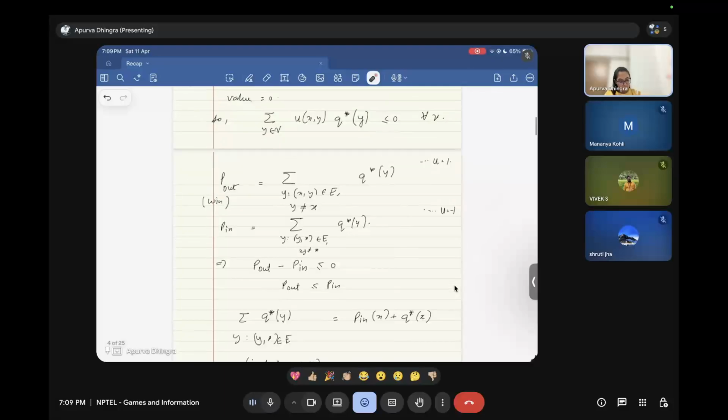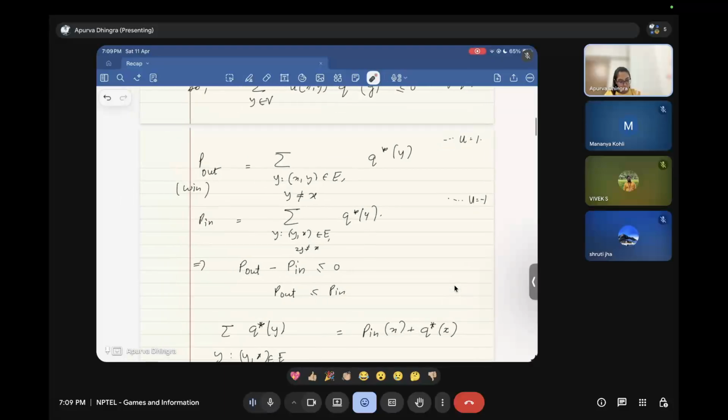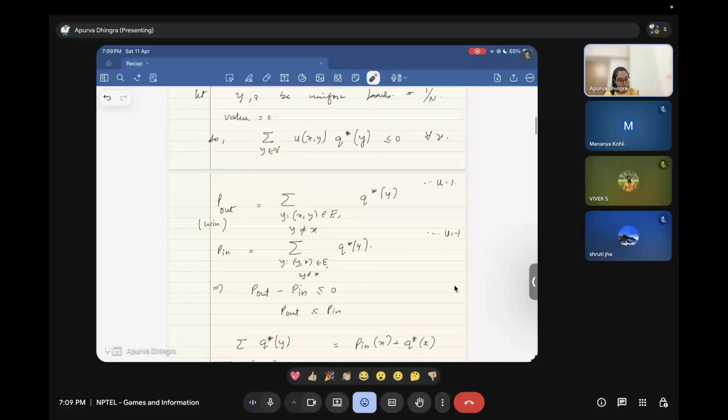The opposite scenario is if x and y have an edge between them, that means y and x will not have an edge between them. So for those y's, this refers to the probability, and if you multiply it by minus 1, you'll get the utility, at least a part of this expected utility.